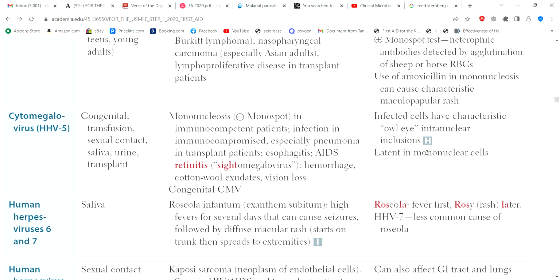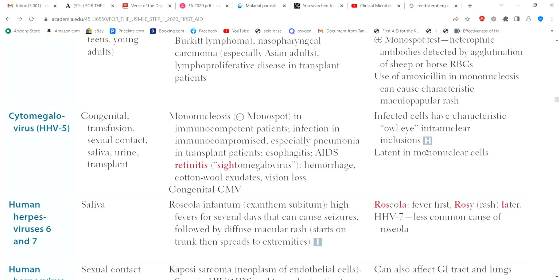Infection in immunocompromised patients, especially pneumonia in transplant patients, and then you have esophagitis, AIDS retinitis with hemorrhage, cotton wool exudates, vision loss, and congenital CMV. So these are the diseases CMV causes. CMV in healthy patients will cause mononucleosis with a negative monospot test.